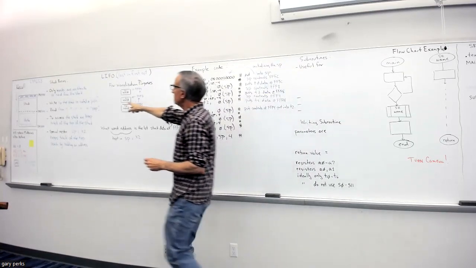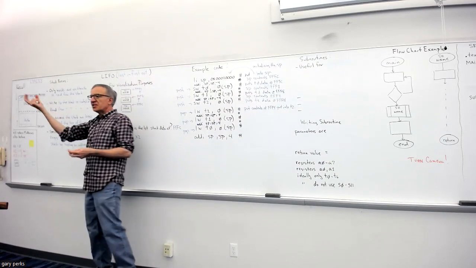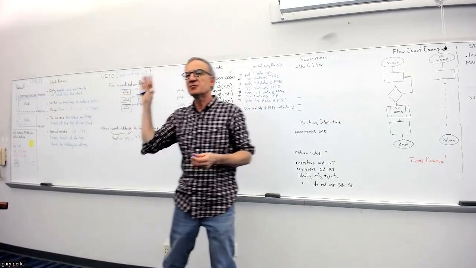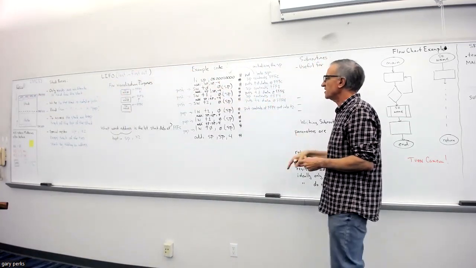Just like we said over here, up top, when you're reading from the stack, when you're getting data from the stack, a push is writing, putting data on the stack, and a pop is reading from the stack.